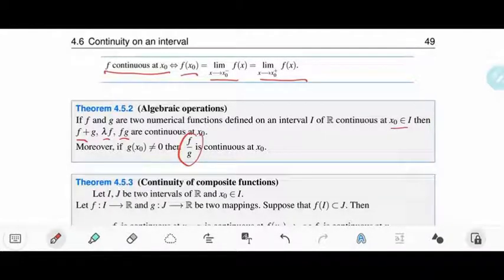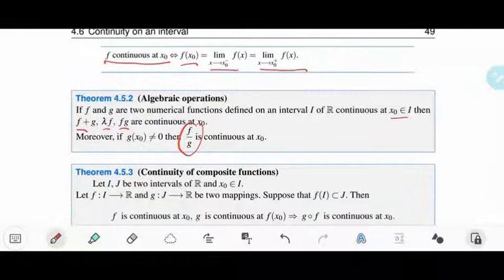This is due to the proofs that we made using the definition of the limits, in the theorem on the algebraic operations on the limits. Also, using the theorem on the limit of a composite function, we can prove that if f is continuous at a point and g is continuous at the image of this point, then g round f is continuous at x0.